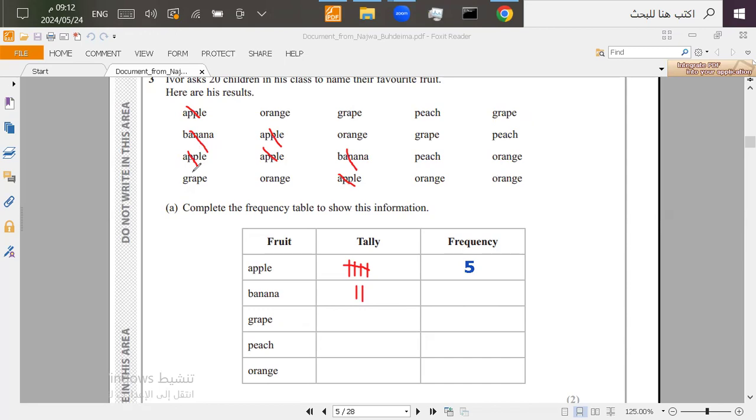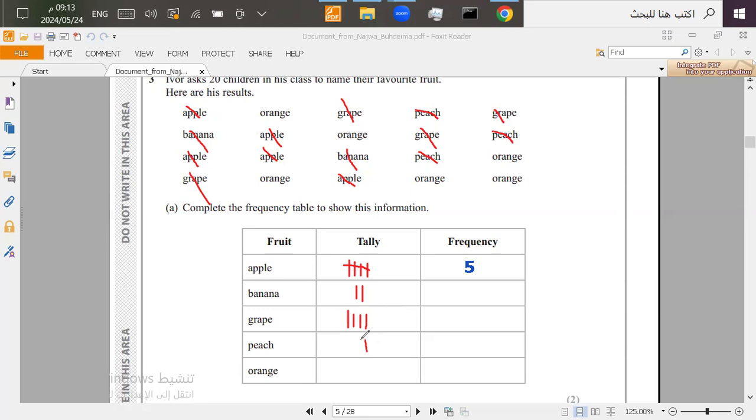We have grape after that. 1, 2, 3, 4. So we have 4 grape. So on the tally, we do 4 like this. 1, 2, 3, 4. And then next, we have the peach. For the peach, let's see, 1. As long as you put a line on top of the ones you count, 2, you won't have problems. 3, we have 3 peach, yes, so it's 3.